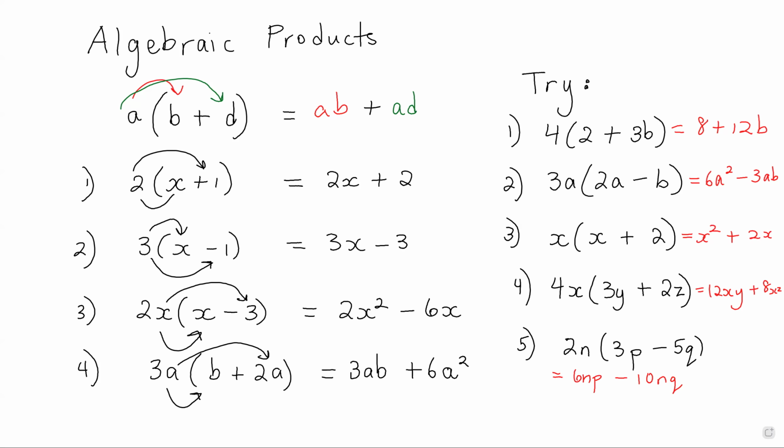So for example, if I had 2 times x plus 1 plus 3 times x minus 1, and I have to simplify these. So first, I remove my brackets, just like we did before.